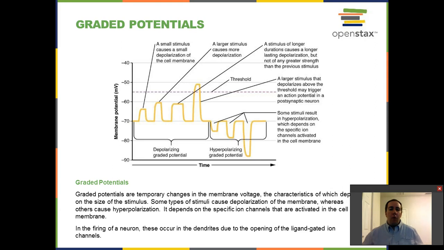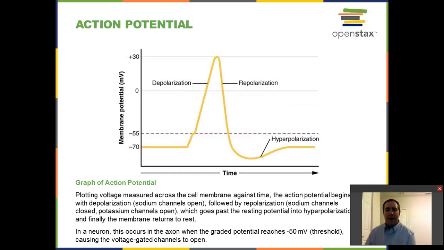That is not important to you. We're not going to talk about that in this class. You just need to know that a graded potential is a small, temporary change that can be small or it can be big. That is in contrast to our action potential.